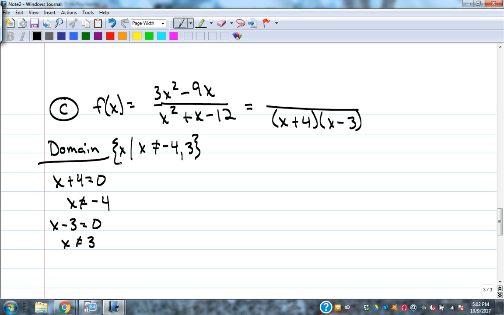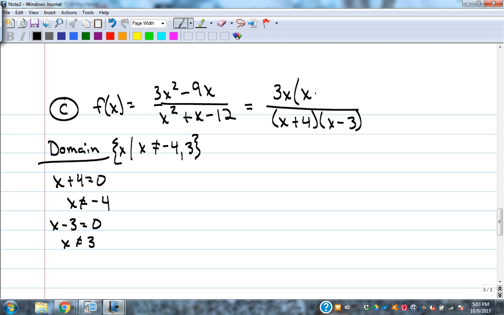Does the numerator factor? How? Well, x is in common between them, but what else is in common between 3 and 9? 3. So we need to pull out the 3 with that x.